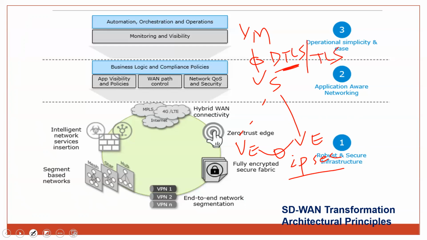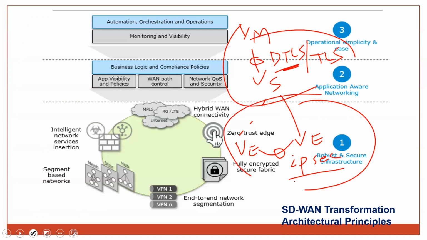So overall your fabric is secure because at one layer you have DTLS or TLS, and at the data plane layer you have the IPsec tunnels. It's a fully encrypted secure fabric.